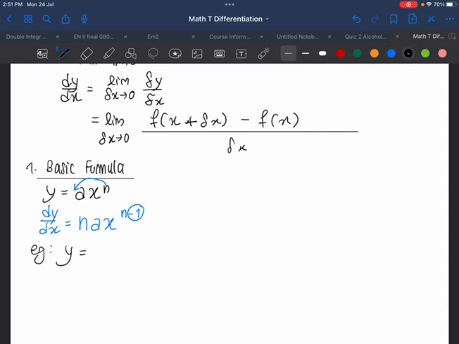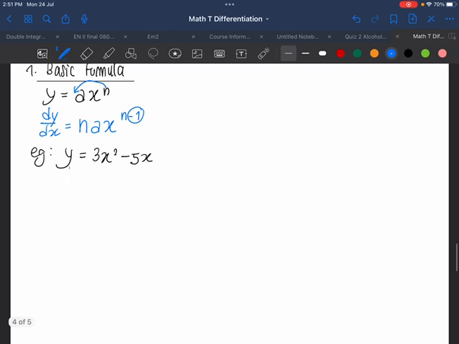y equals 3x squared minus 5x. When we differentiate it, dy/dx equals, we take the 2 in front, so 3 times 2 equals 6, and x with the power reduced by 1 is x to the power of 1, so we don't need to write it. Then minus 5, because 5 times 1 equals 5, and x to the 1 minus 1 is x to the power of 0.